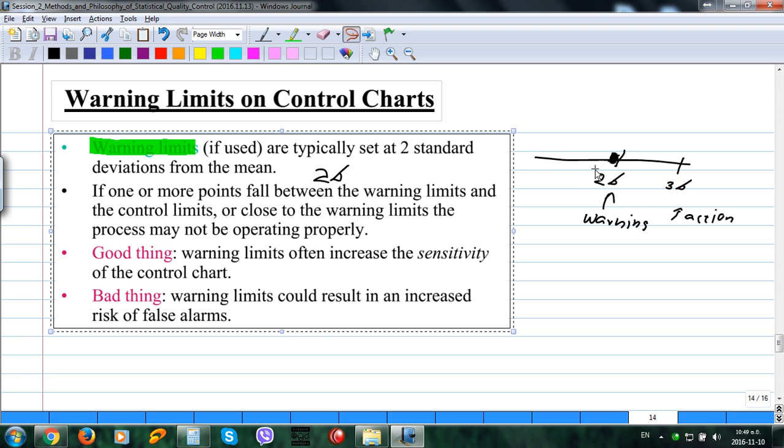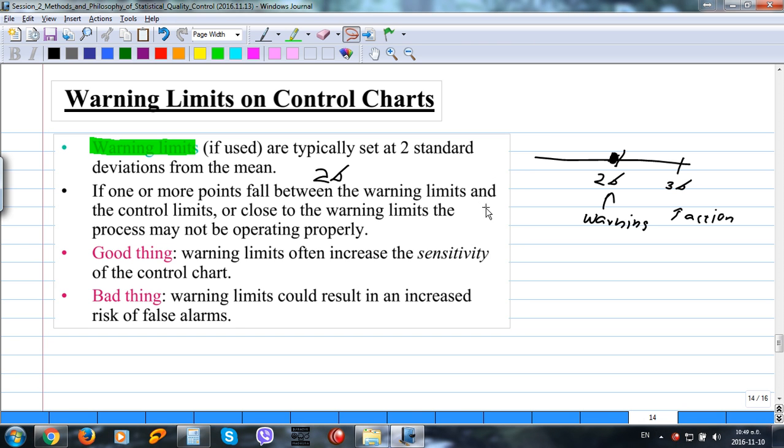But if warning limits are there before that, we know it is going to go out of control, so we can take the necessary actions to keep the process in control. The bad thing is that warning limits could result in an increased risk of false alarms. If points go near the 2 sigma limit, you can always see false alarms.